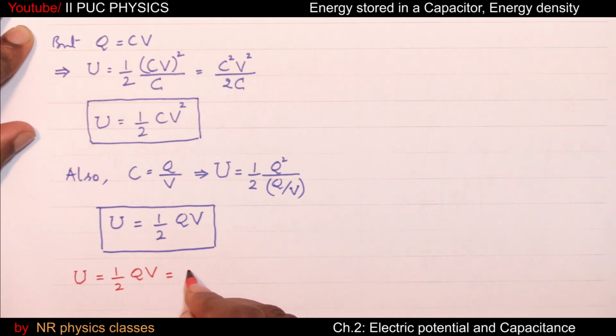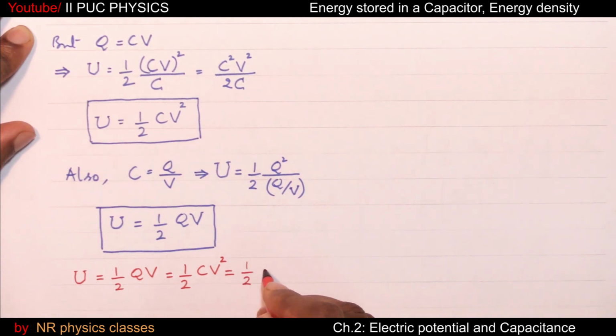In terms of CV, half C V square. The last combination, in terms of Q and C, is half Q square by C.